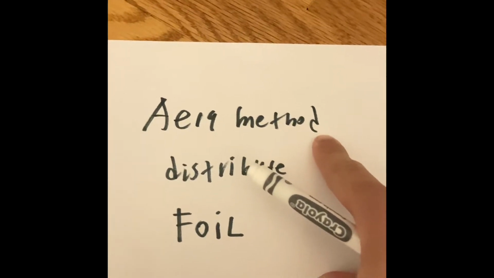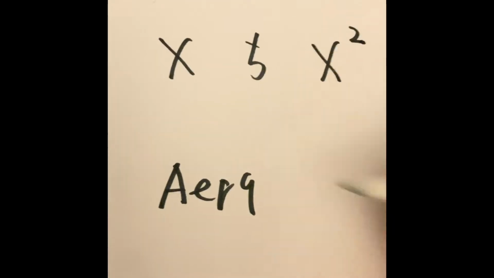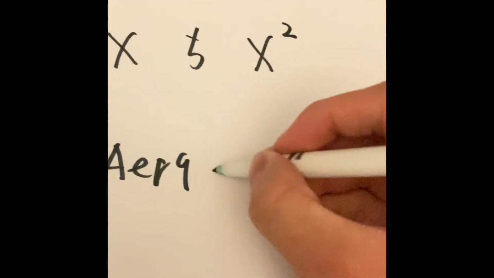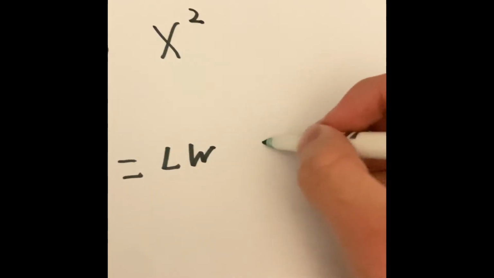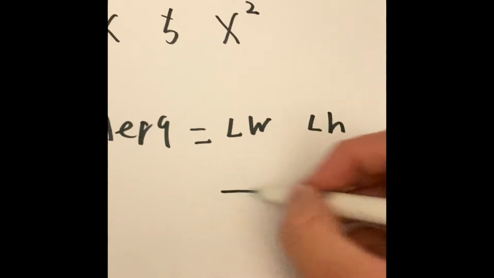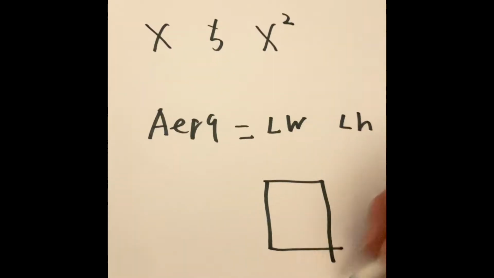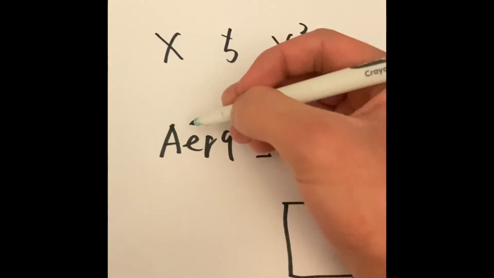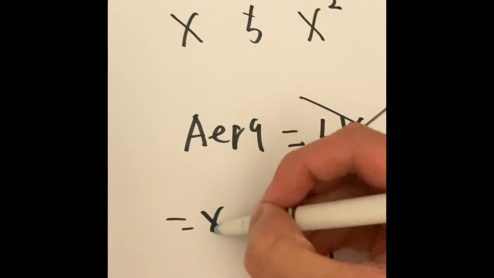It is the area, something we learned in geometry, because the area of a square is length times width. A square has equal sides, so a more advanced formula for the area of a square is area equals x squared.